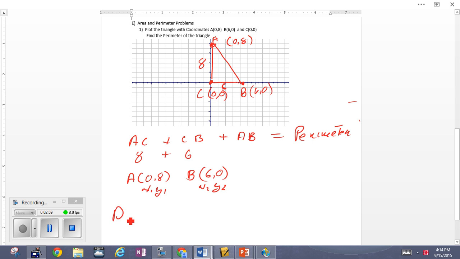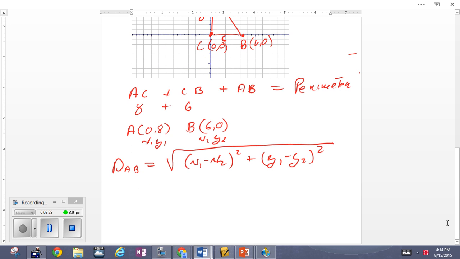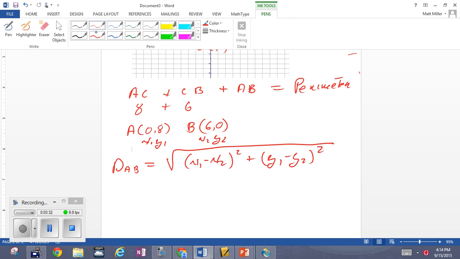So the distance from A to B is going to equal the big square root of x1 minus x2 quantity squared, plus y1 minus y2 the quantity squared, okay? So now I've got my formula written, so I know now what goes where. Okay, so let's get these things all plugged in.